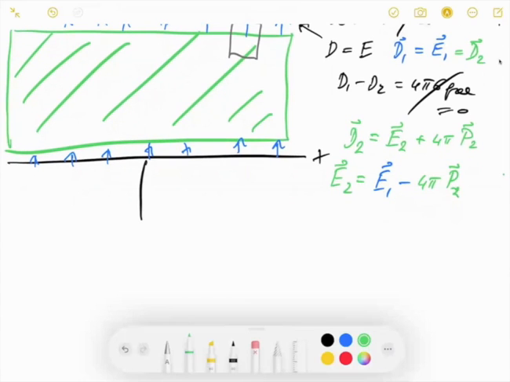Okay, so if P2 is pointing in the same direction as E2, then actually E2 is going to be smaller than E1.